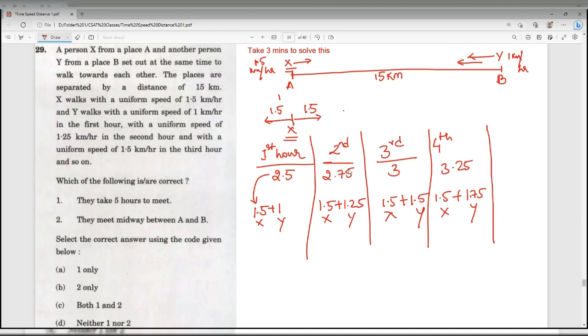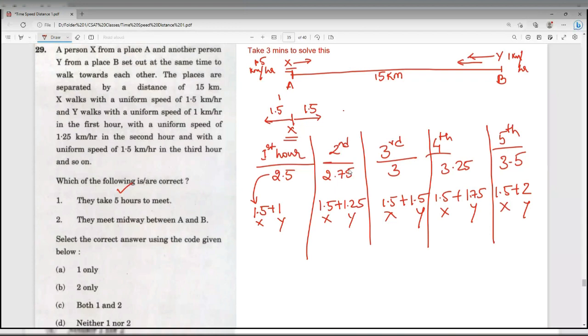And the fifth hour, X is again 1.5, but Y speed has been increased to 2, X and Y. So this is 3.5. So I am taking this separately for 1, 2, 3, 4, and 5 because in the answer choice they are saying that they are going to meet in 5 hours. So let's see whether they can meet in 5 hours.